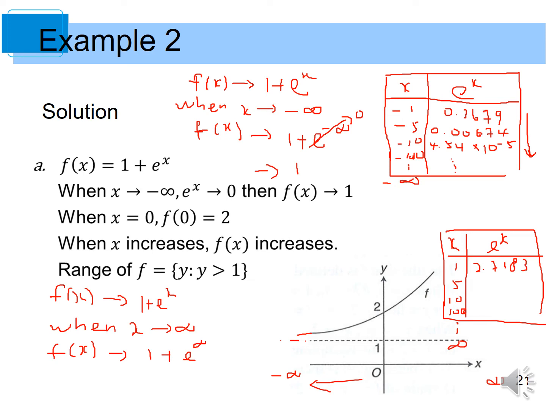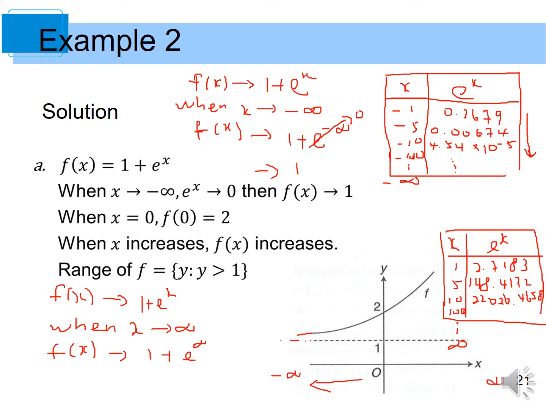And for the x equal to 5, the value getting bigger, 148.4132. And how about x equal to 10? The value is 22,026.4658. So you can see the value is getting bigger.